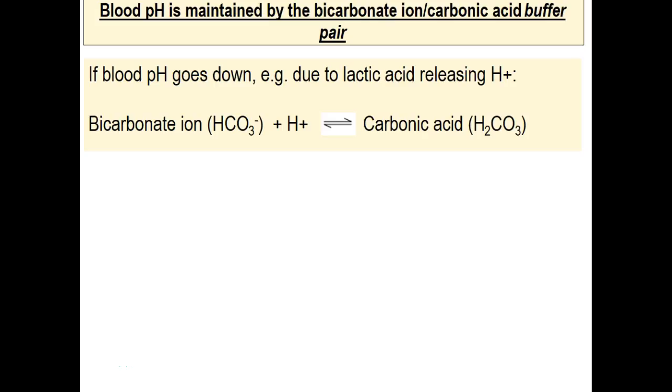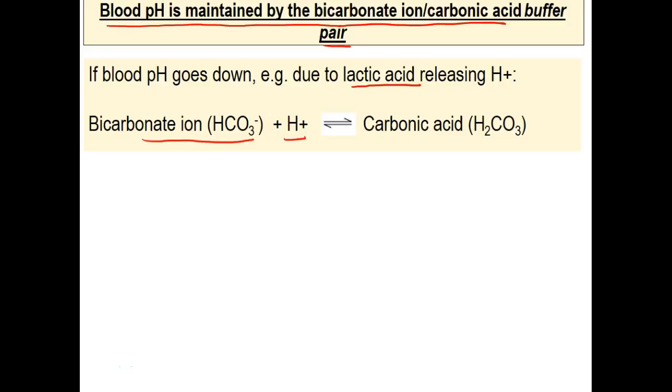Blood pH is maintained by the bicarbonate ion carbonic acid buffer pair. Let's say blood pH goes down if you're exercising due to lactic acid releasing protons. The bicarbonate ion can pick up those protons and carbonic acid then forms.